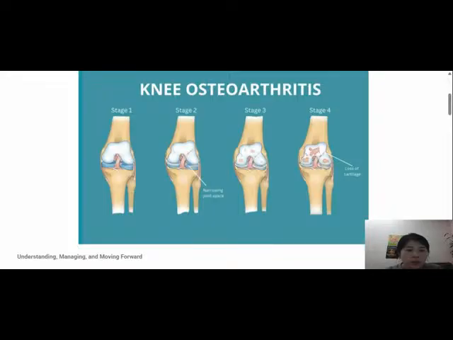And when it's getting worse, like on stage 3 or stage 4, the doctor usually will suggest you do intra-articular injections.